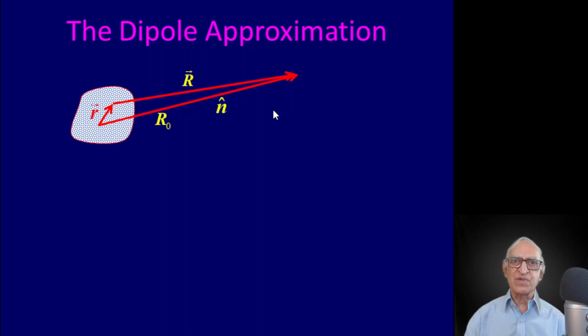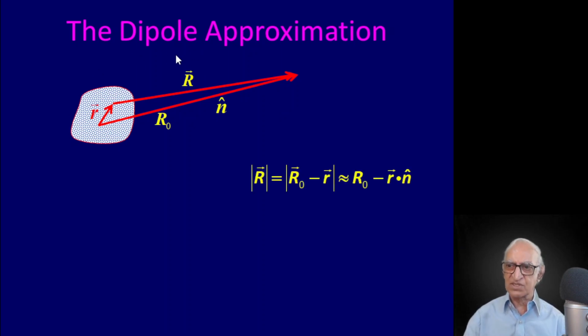Let us now make a simple approximation, which is known as the dipole approximation. What is this approximation? We already said that this vector r can be approximated by r naught minus small r dot n, where n is the unit vector in the direction of the radiation.